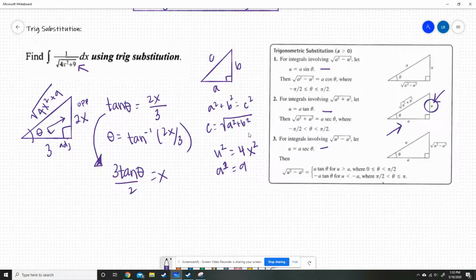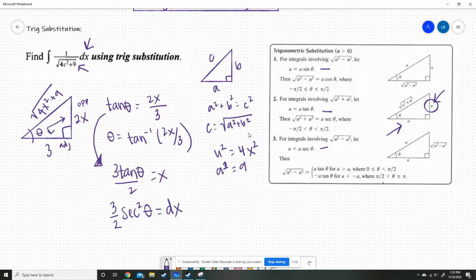Now, how are those helpful? That's a really good question. I could take what I know and replace things in here, and rewrite this whole thing in terms of theta instead of in terms of x. Maybe by rewriting it in terms of theta, it would make it easier to integrate. So if this is what x is, I want to know what dx is so that I can replace that. If I take the derivative of this, I have 3 halves, and the derivative of tangent is secant squared of theta.